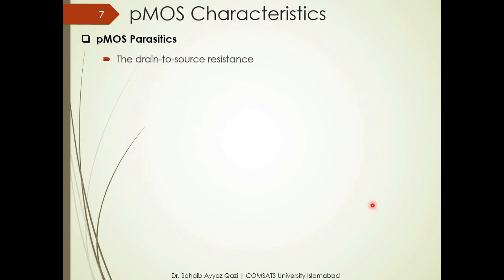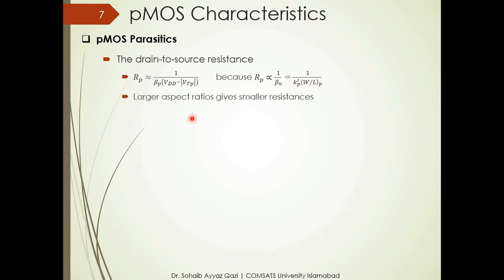If we have to find the pMOS characteristics like the drain and source resistance, we can find Rp with this formula, 1 over beta p (VDD minus VTP). We can observe that Rp is inversely proportional to beta, and that beta is linked with Kp, that is W by L. So obviously larger aspect ratios give smaller resistances.